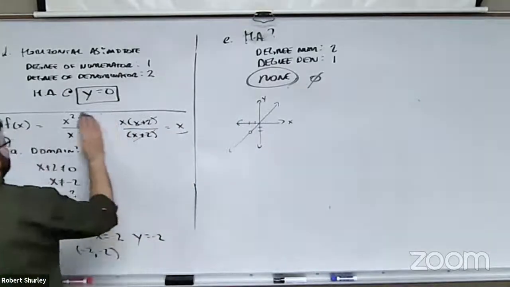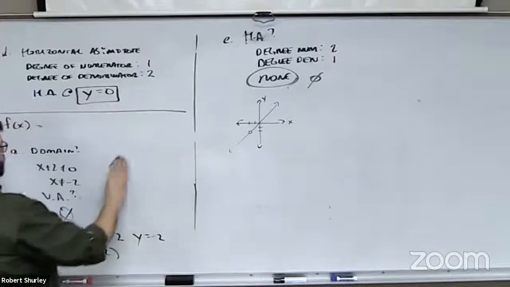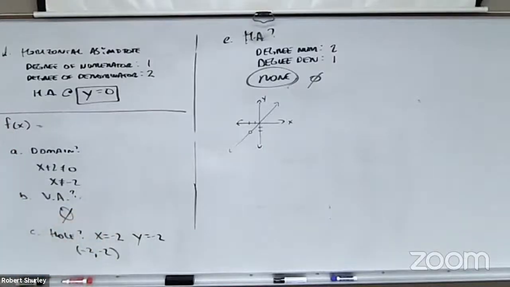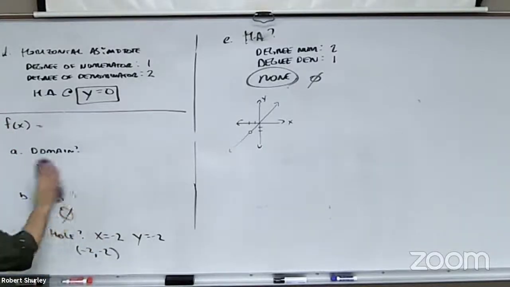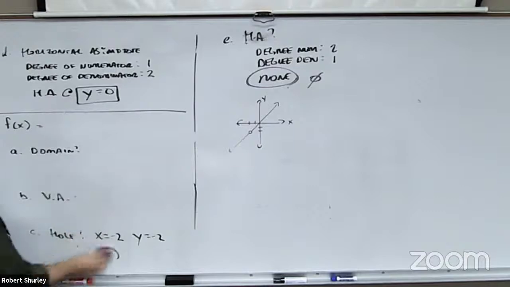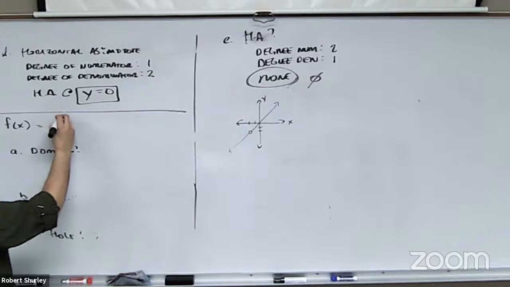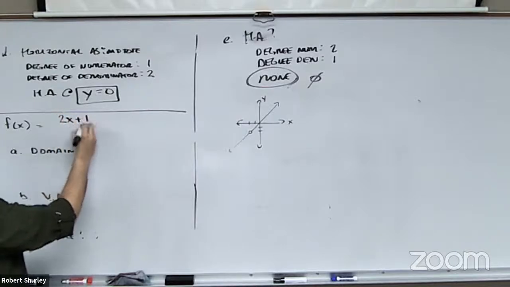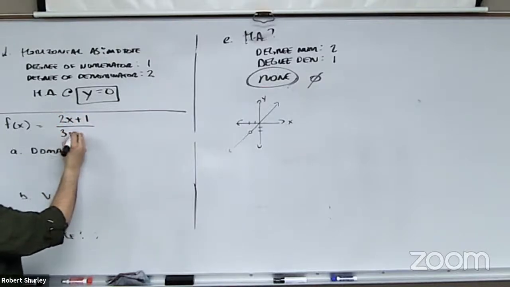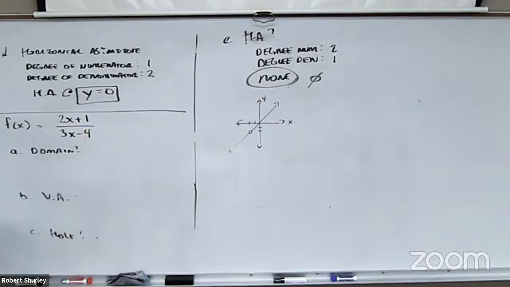The last type of example is what if the degrees are the same? So let's go back to this f of x. We'll say it's 2x plus 1 over 3x minus 4. I think this might have been the example we started with at the very beginning. If not, it's pretty similar.